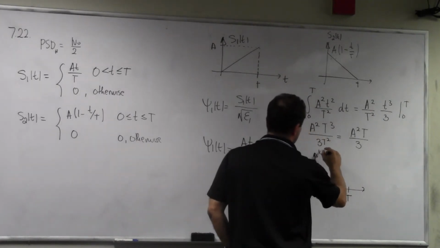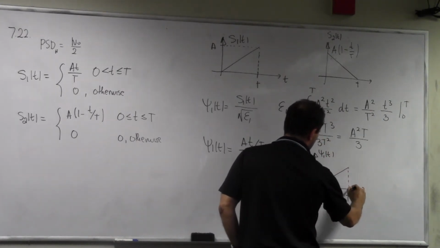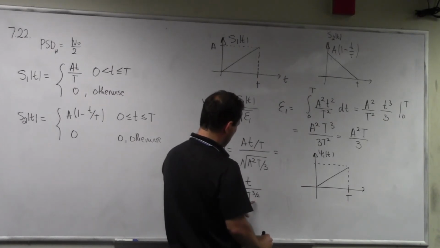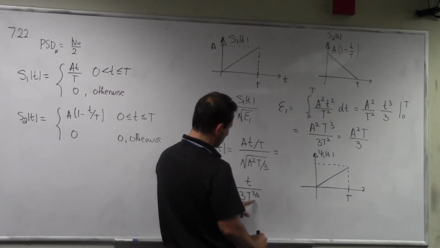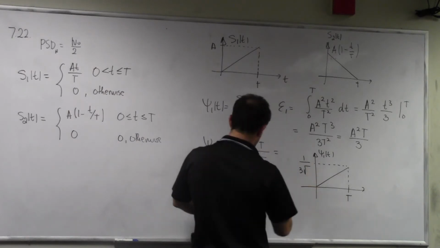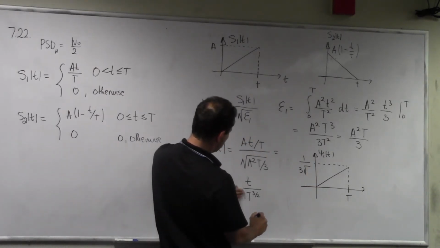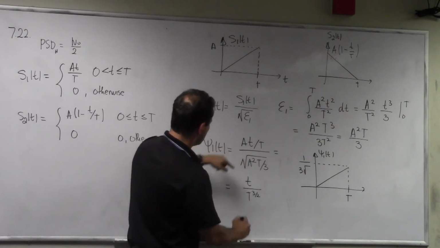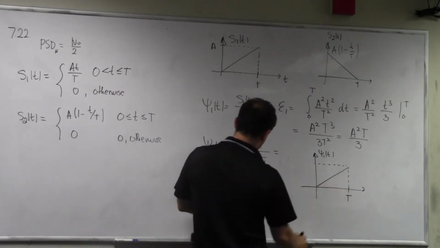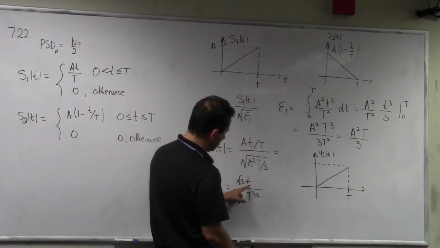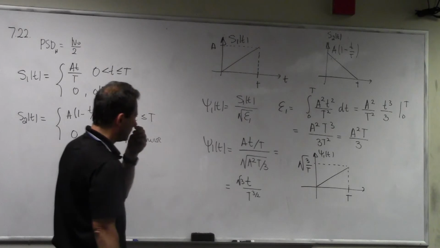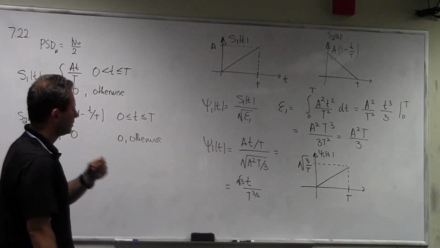So psi 1 of t looks like this. When t is equal to capital T, it seems like the 3 needs to be above, right? So it goes to square root of 3 here.